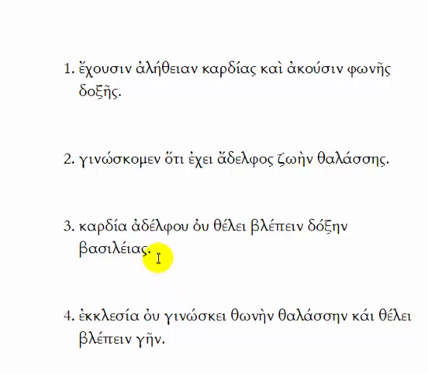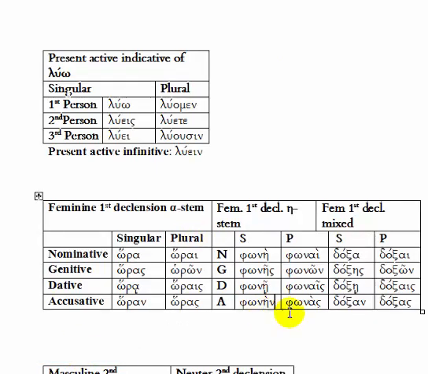Basileas, basileas. Notice that as ending here. Where do we see that? Again, it's not kingdoms. The s here doesn't signify a plural, but what does it signify? Genitive singular. How do we know? Because basileia is like hora, horas, genitive singular there.